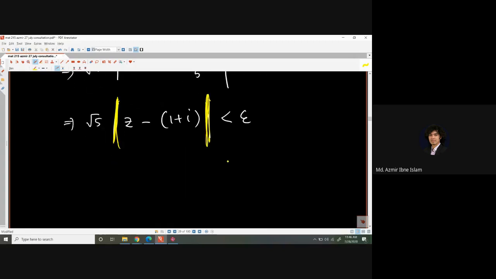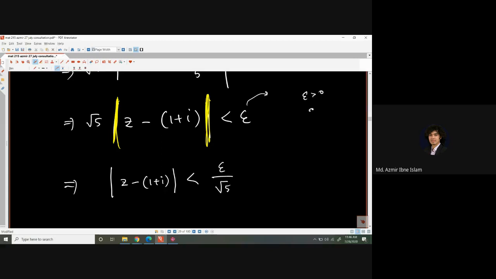Okay. So what we can do now, modulus of z negative 1 plus i less than, we can transfer this root over 5 to the other side. Clear? So we have already considered previously that epsilon is greater than 0.